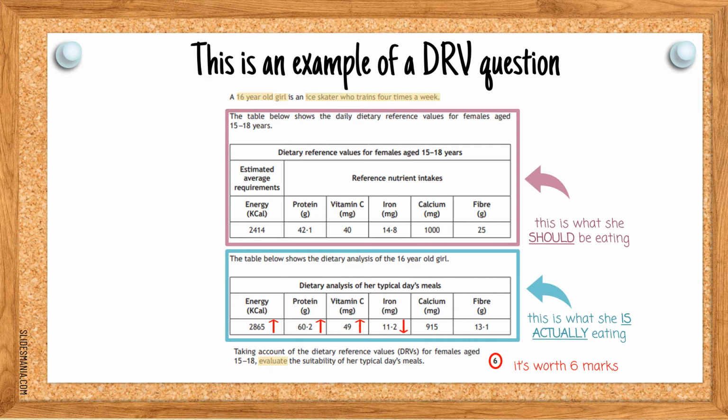However, for iron, she's eating less than she requires because she's only eating 11.2 milligrams and she should be eating 14.8. Calcium is also lower. She's only eating 915 milligrams and she should be eating 1,000. And the same for fibre. She should be eating 25 grams, but she's only eating 13.1 grams.